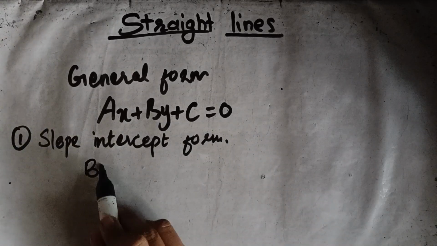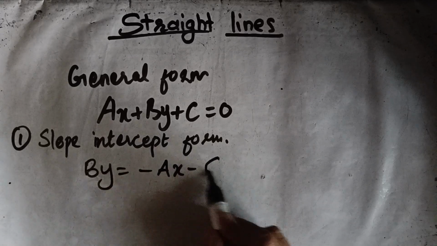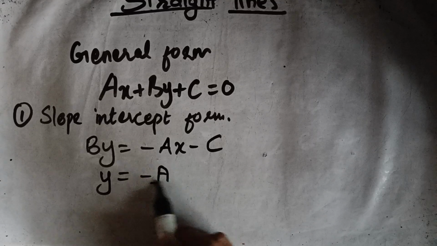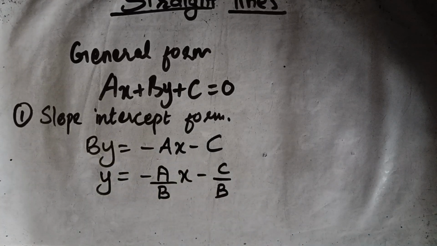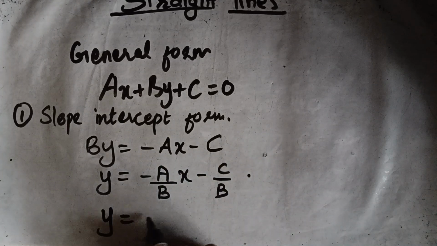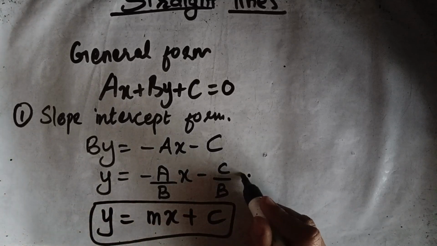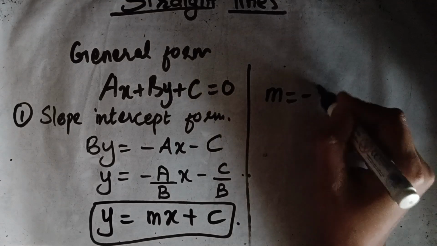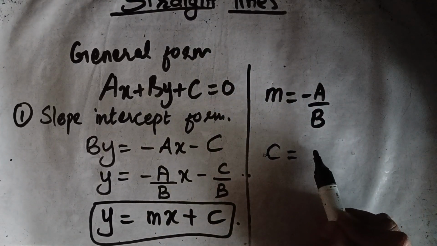I'll take ax and also c to the other side, and now divide by b. So this is of the form y equal to mx plus c.